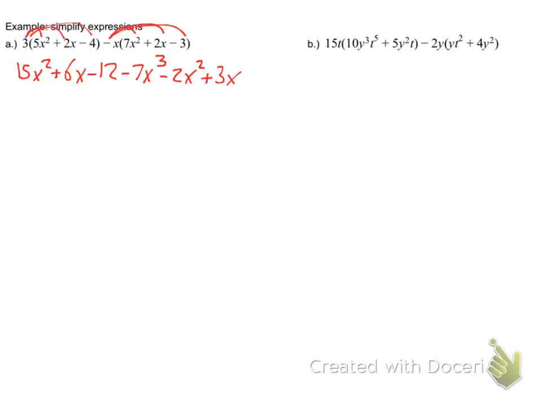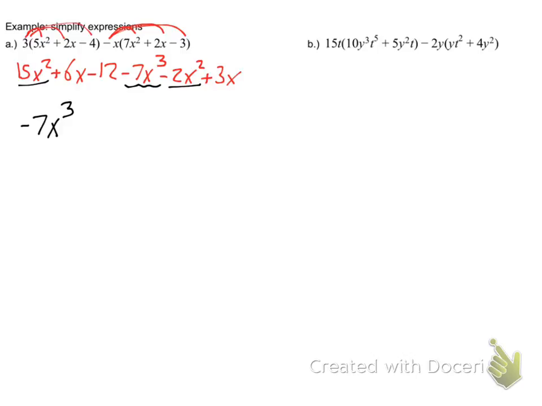And now, are we in standard form? Highest to lowest powers? No. Combined like terms? No, we need to make it happen. What's the highest exponent? The highest exponent is the 7x cubed. So, how many of those do I got? 1. So it's a negative 7x cubed. Next power is x squared.